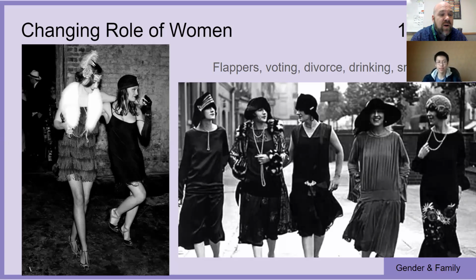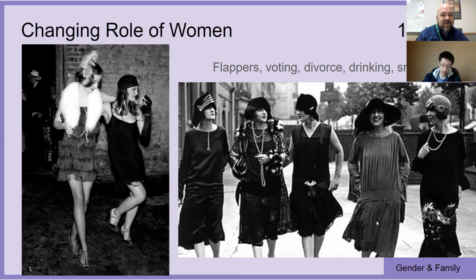All right, so the 1920s is also known for the changing role of women. Women have the vote in 1920. They get the 19th Amendment, so they start to vote. And now that women are voting, women are going to be stepping out into culture in something close to equality. So women start to cut their dresses short.